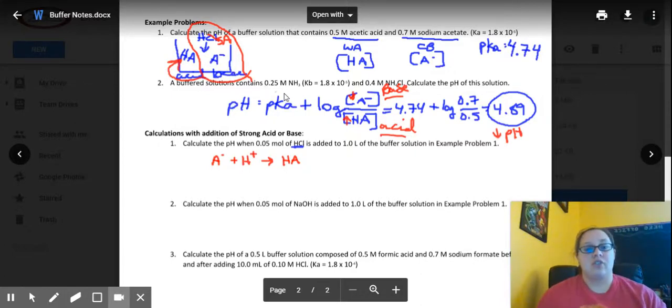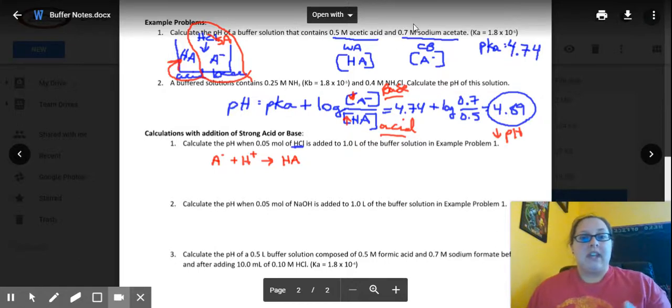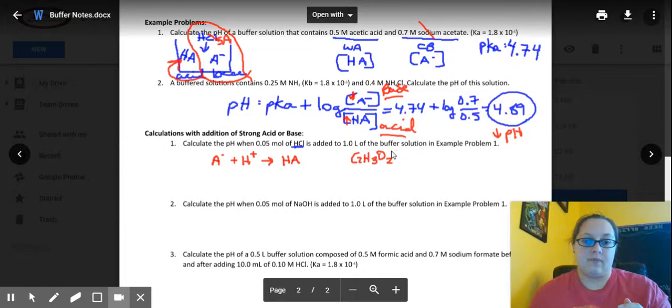I also want to show you the real reaction of what's happening rather than just writing it like this, in case you have to write it for a free response problem. So we need to figure out our base component. That's the acetate. Sodium, remember, is going to be a spectator. So acetate is C2H3O2 minus, and that's going to react with the H plus.